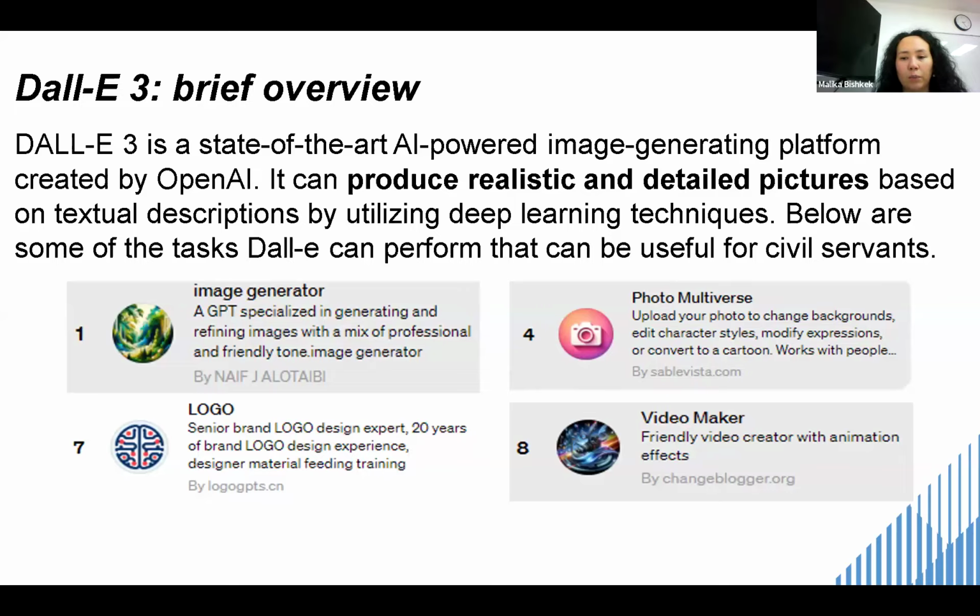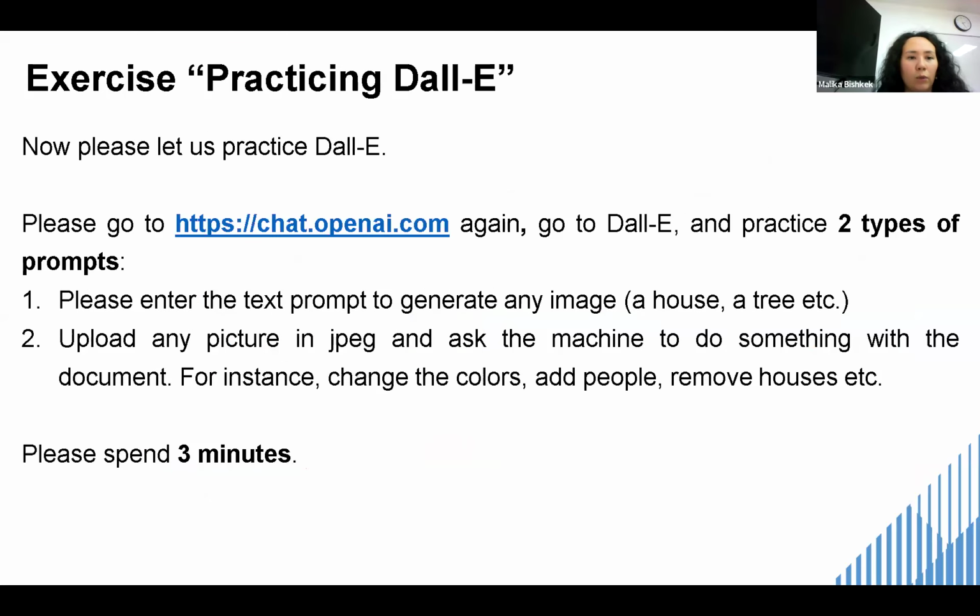It's also available in the ChatGPT Plus version. But actually, in the free version, I think you can also create one or two images, though not of very good quality. You can try now if you want.